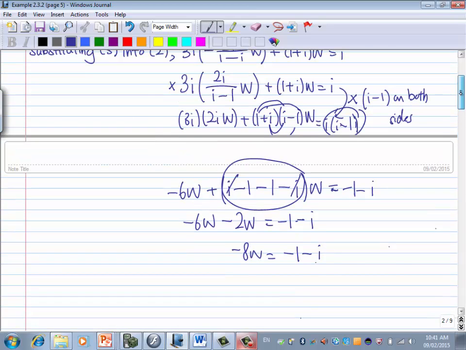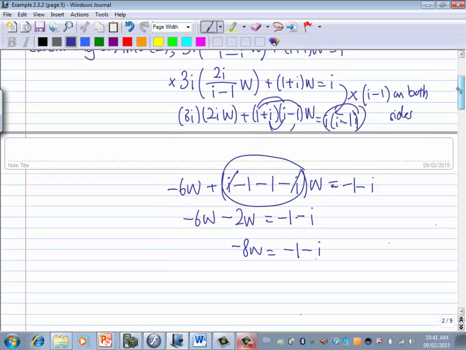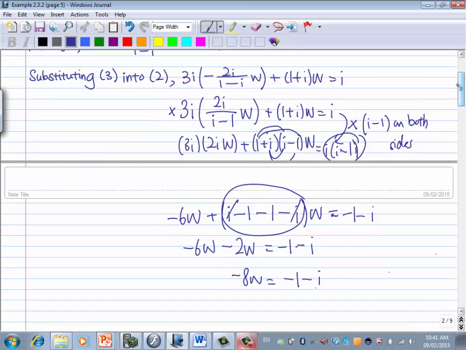So you look again. Can? Now I can divide both sides by negative 8. So I have w equals to 1 over 8 plus 1 over 8i.